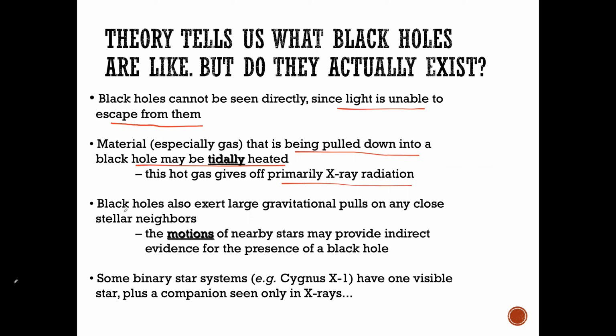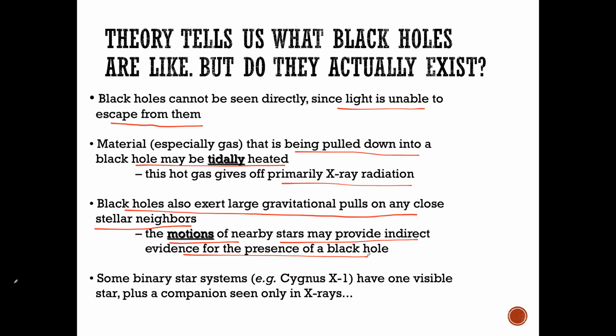And the other thing is black holes also exert very large gravitational pulls on close stellar neighbors, which means if you have a black hole and there are stars close by, these stars will feel this huge gravitational pull, right? And because of that, the motions of the nearby stars may provide indirect evidence for the presence of a black hole, right? Now, these are the ways that we tried to detect black holes until very recently.